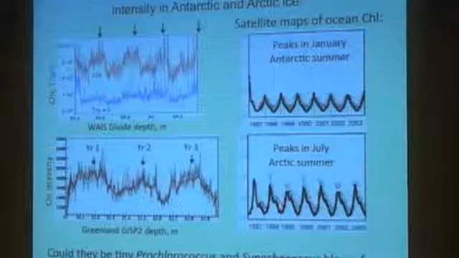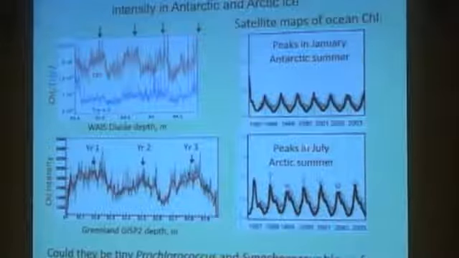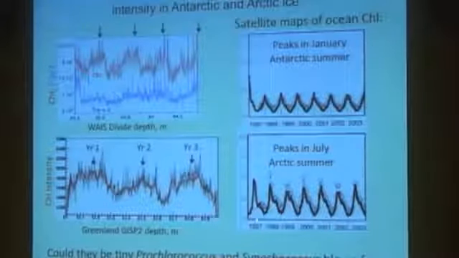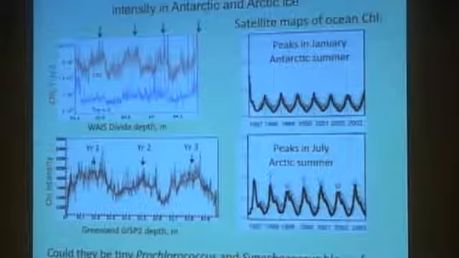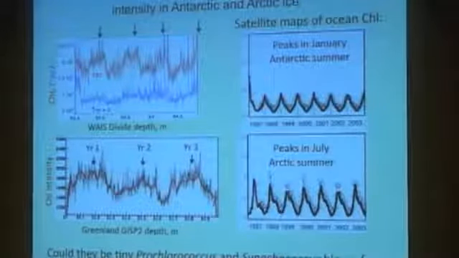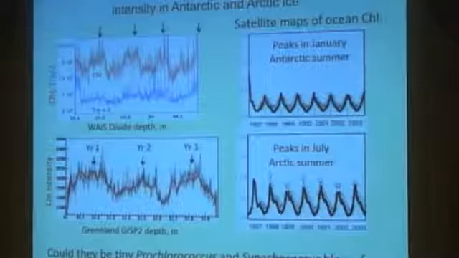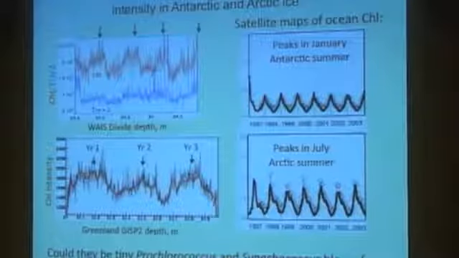And then down here in the opposite hemisphere, in the Arctic, summer is in July, and here you see the peak is halfway between the ticks, which are Januaries. So it makes sense that these are species that are happier in the warm ocean than they are in the cold ocean.